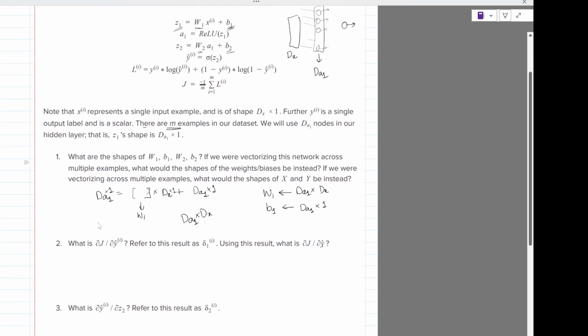Is it clear? When you multiply W1 and x, you should get a dA1 into 1 vector.